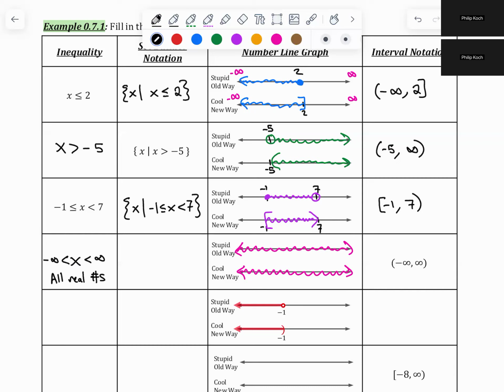It's an interesting situation. And so the set builder notation would be the set of all x such that -infinity is less than x is less than positive infinity, or you could say all real numbers, which is equal to that boldface R if you really want to.